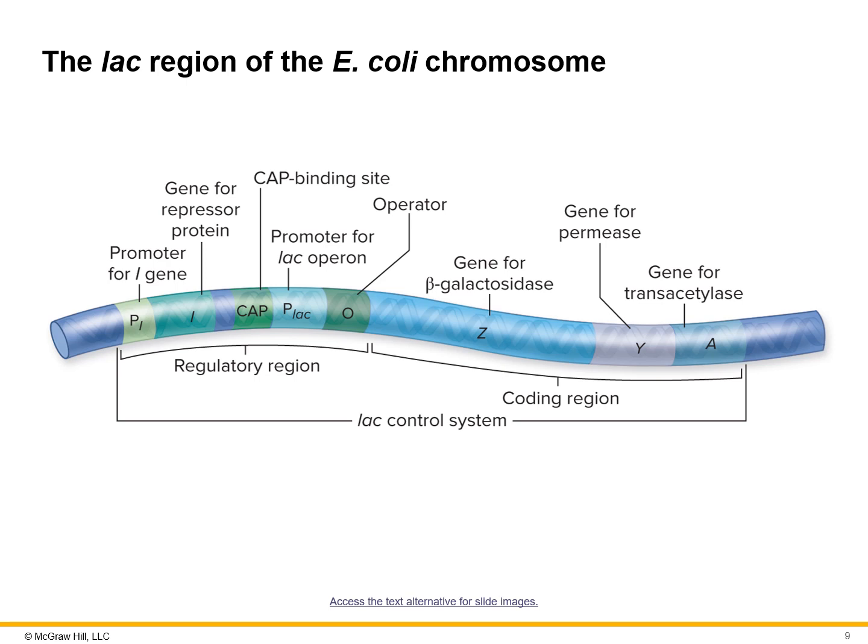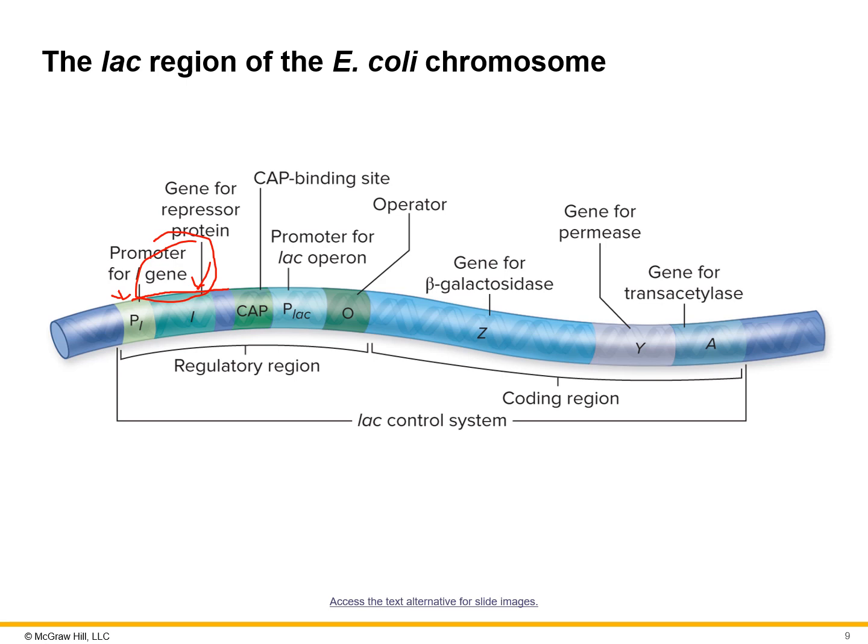So this is what the lac region of an E. coli chromosome looks like. There's a promoter where RNA polymerase can attach. There are genes for transcribing the repressor protein. And the promoter is just upstream from the repressor. So if RNA polymerase were to attach here, it would travel in this direction. It would produce the repressor protein indirectly, but eventually.